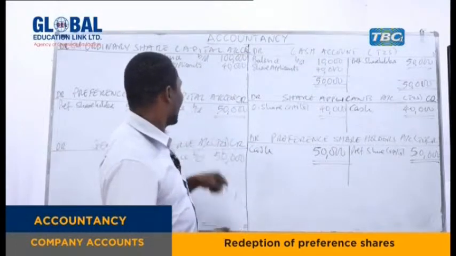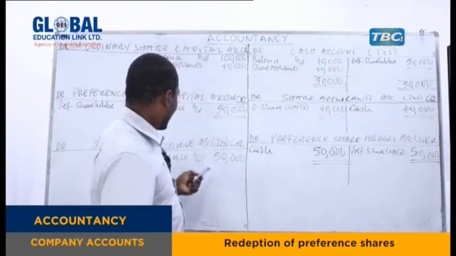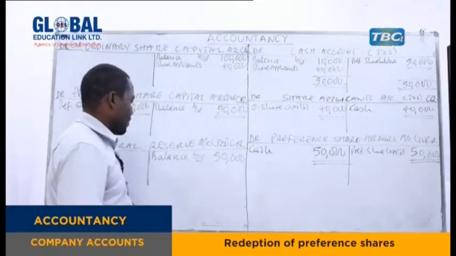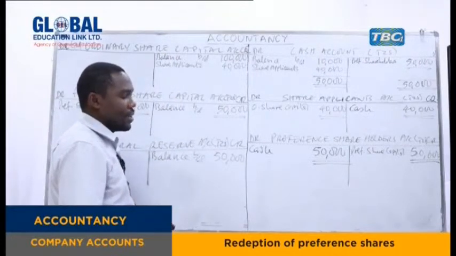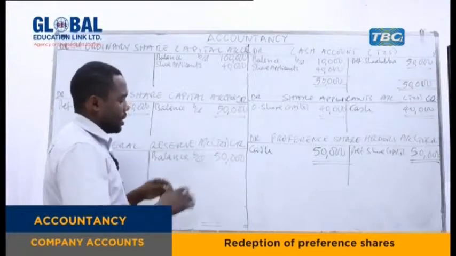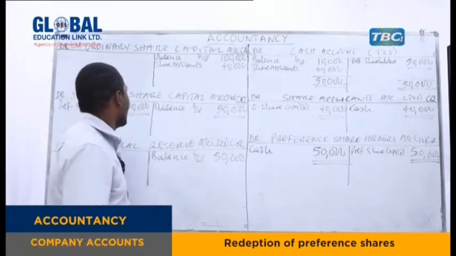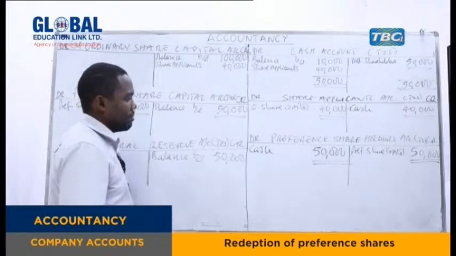For the preference shares that are paid from the general reserve, to make this amount not available for distribution as dividend, this will be reserved to replace the capital for the preference shares so redeemed.